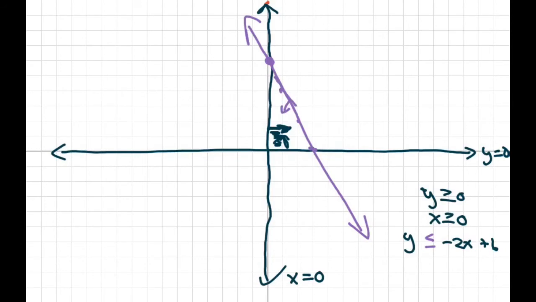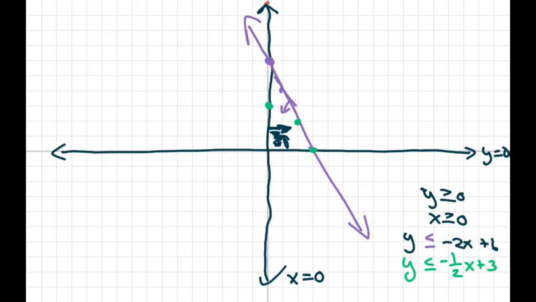The other line we had was y is less than or equal to negative 1/2 x plus 3. So I'm going to go to my 3: 1, 2, 3. And my slope was negative 1/2, so you go down 1 over 2, down 1 over 2.